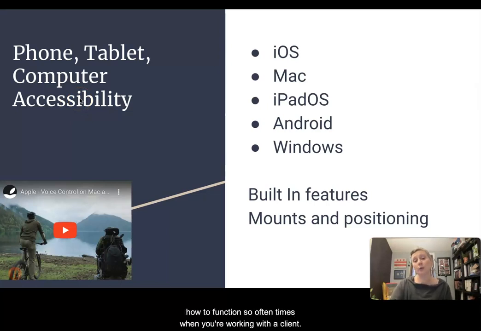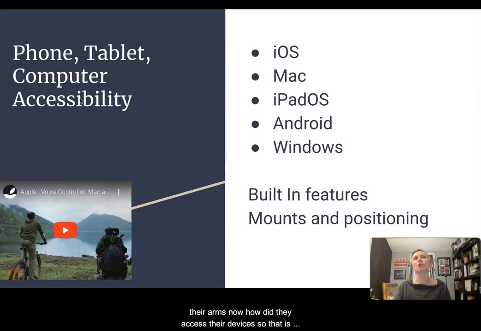So oftentimes when you're working with a client, the first area of need is being able to access their tablet or device, and that could be as simple as somebody with a hip replacement who's not able to get out of their bed to get to their phone as readily, or somebody with a neurological event who's got limited use of their arms now. How do they access their devices?